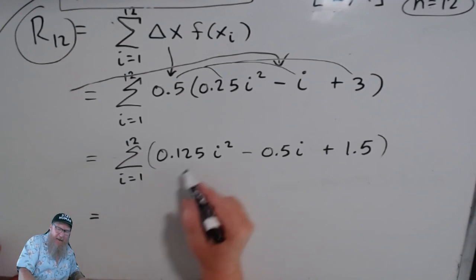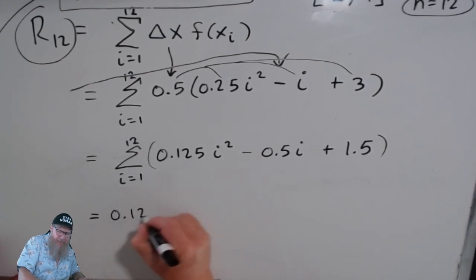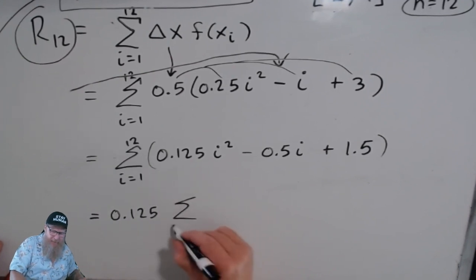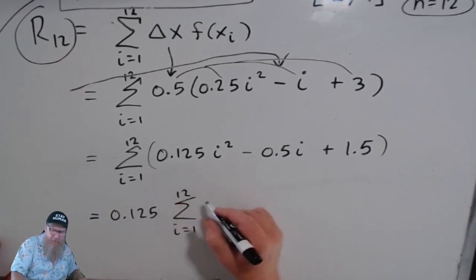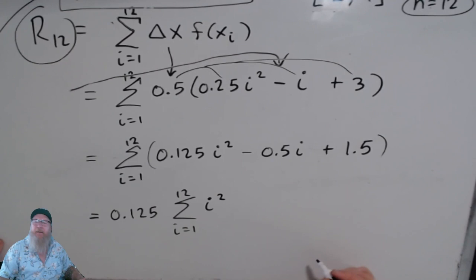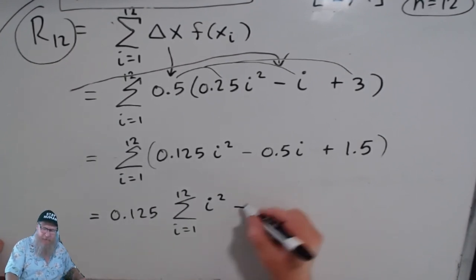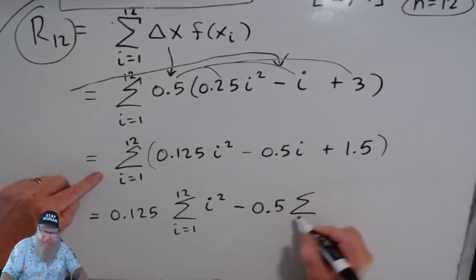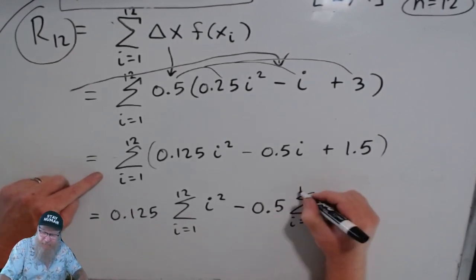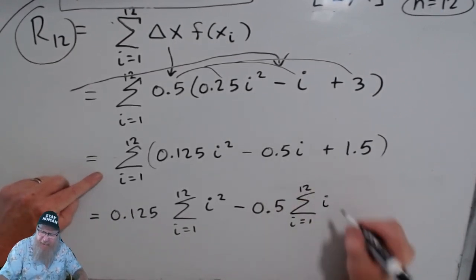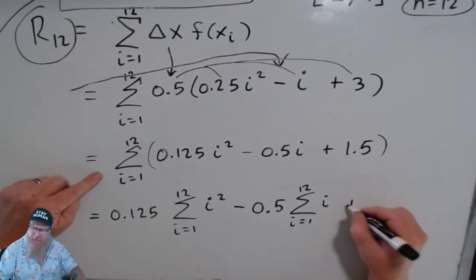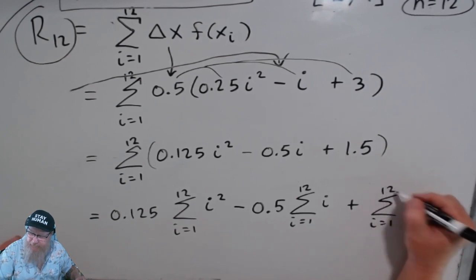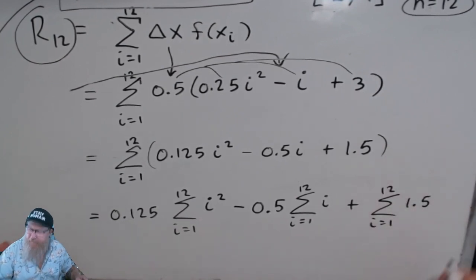So now I've got to pull out the constant, multiply by the sum from 1 to 12 of i squared, pull out the next constant, multiply by the sum of i, and then the last one is just a constant. And there you go.